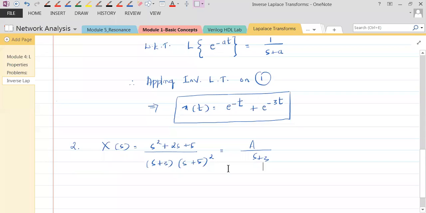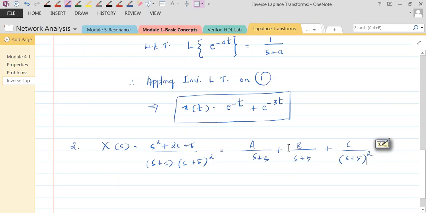S cube you will have here as the maximum power. That's why you have three roots. So it's a third order equation. Fine. So plus B by s plus 5 plus C by s plus 5 square. So this is how we expand this particular X of s using partial fraction method.